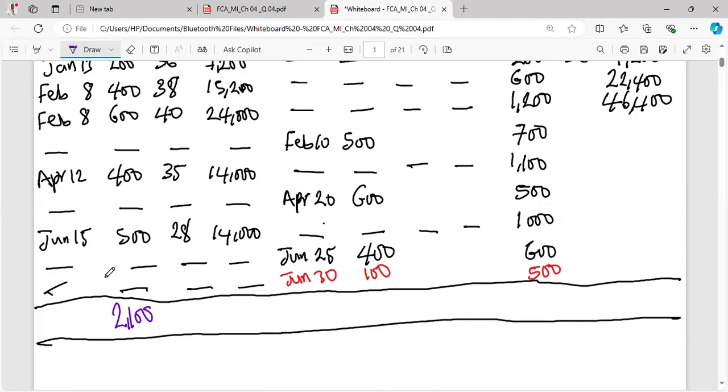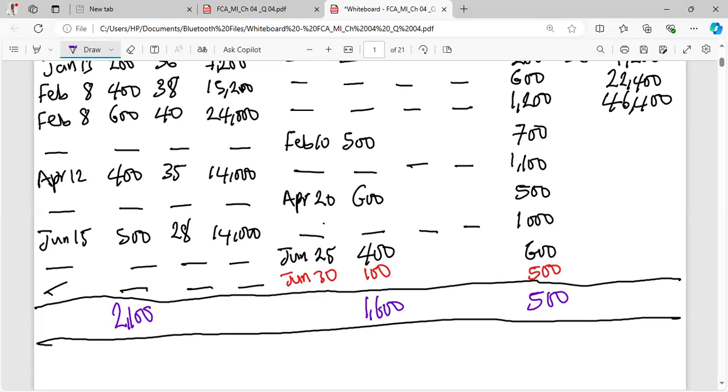Then our issues, 500 plus 600 plus 400, that is 1,500. 1,500 plus 100, 1,600. So if you had to remove 1,600 from 2,100 to give you this balance here of 500.